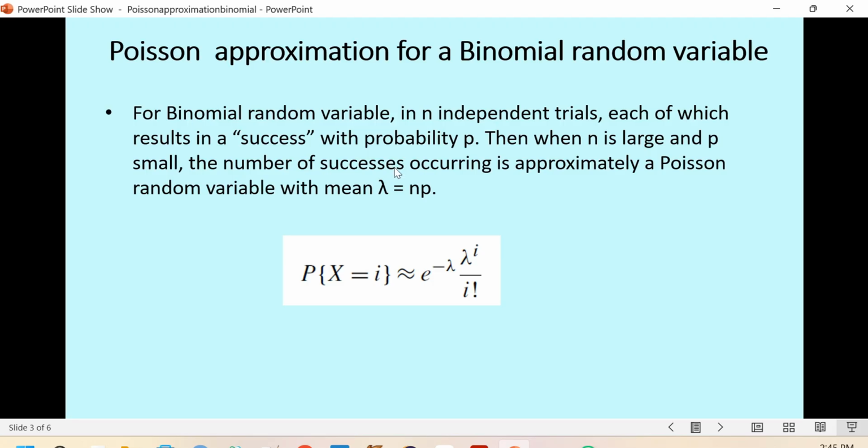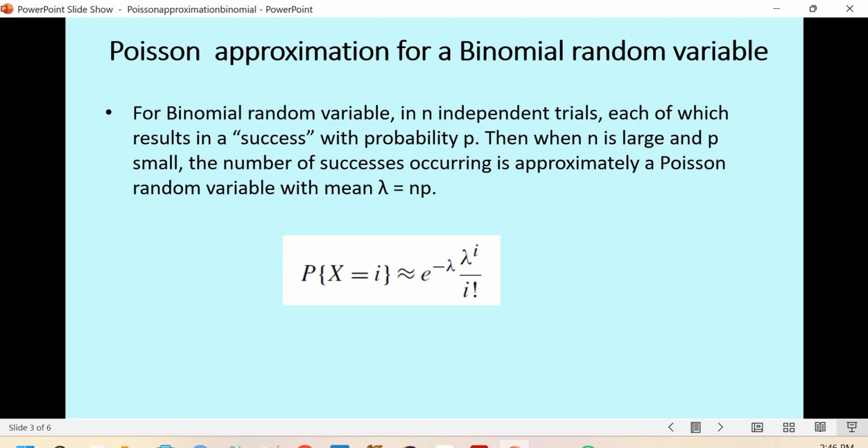Success or not success. The binomial random variable is also a discrete random variable, which means we count how many successes occur during n trials, and we are interested in the probability of x successes in n independent Bernoulli trials.